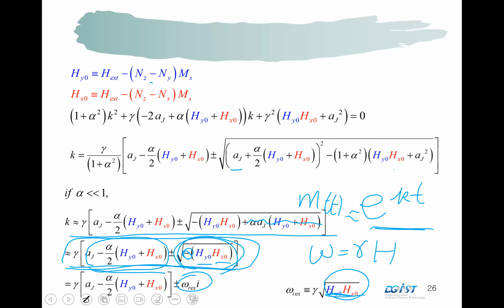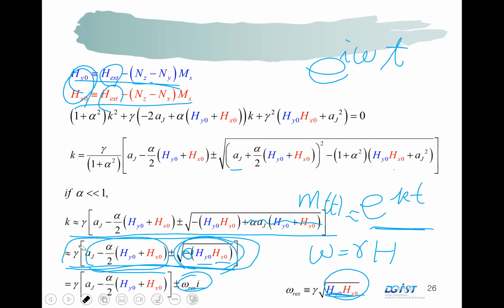So what's the meaning of an exponential term with i omega t? That's the oscillation, right? So this is the frequency of the oscillation described by this field term. This oscillation frequency solely depends on the magnitude of these two effective fields.